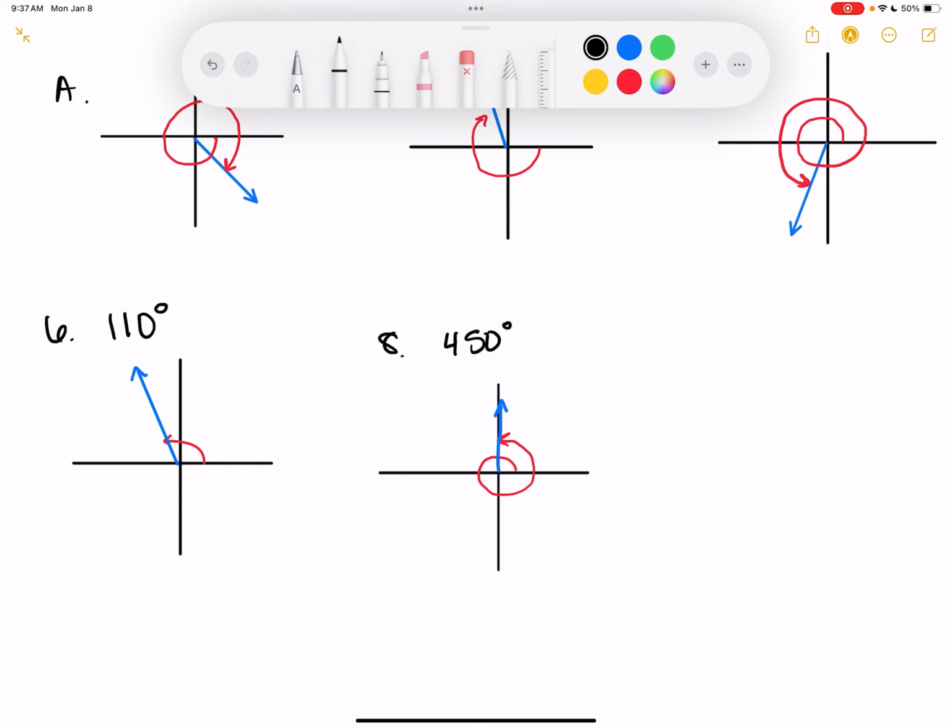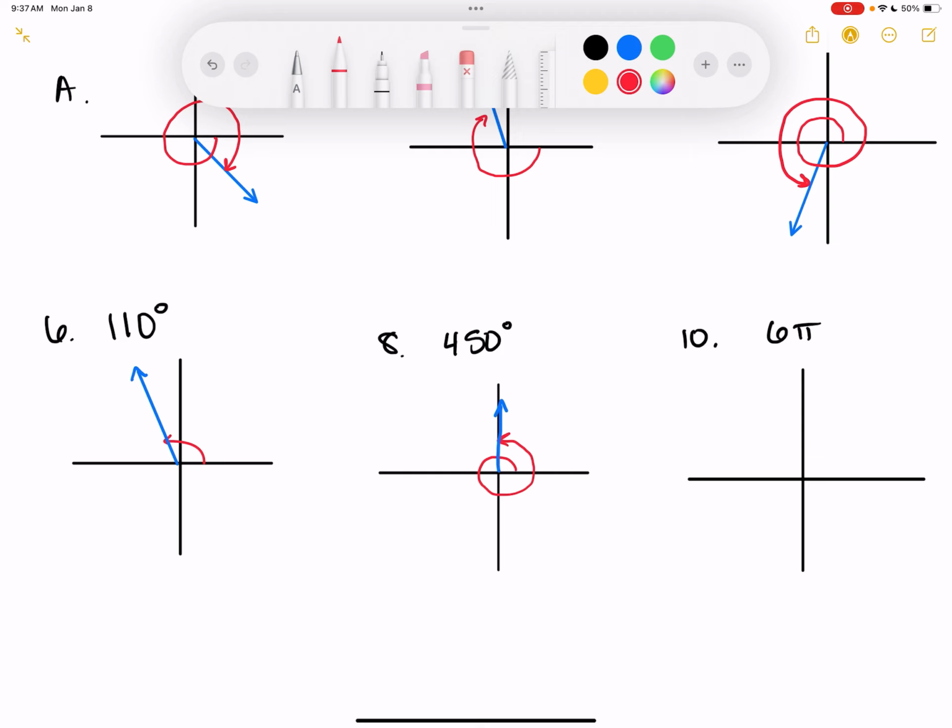Let's do one more. 6 pi. So what do I know about 6 pi? How many times around? Or what's one time all the way around? 2 pi. So if I go around once, I have 2 pi.